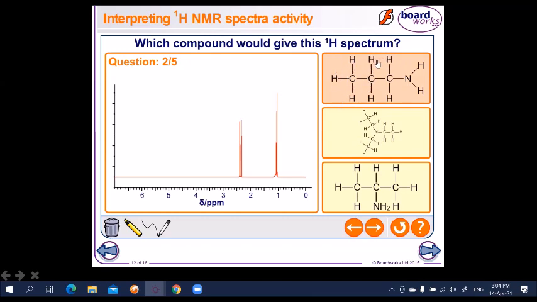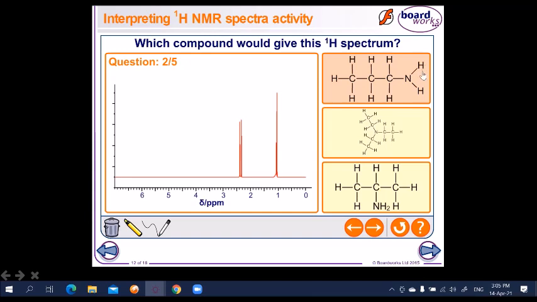In the middle, I have 2 CH2s, but they're not the same. This would be 1 CH2 chemical environment, and this would be another CH2, because this CH2 is connected to a nitrogen, whereas this CH2 with carbon number 2 is attached to a very ordinary, boring CH3. So that's already 3 peaks right there.